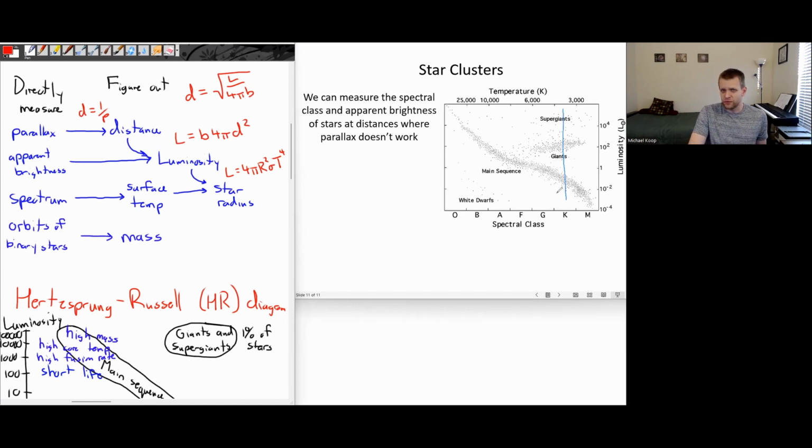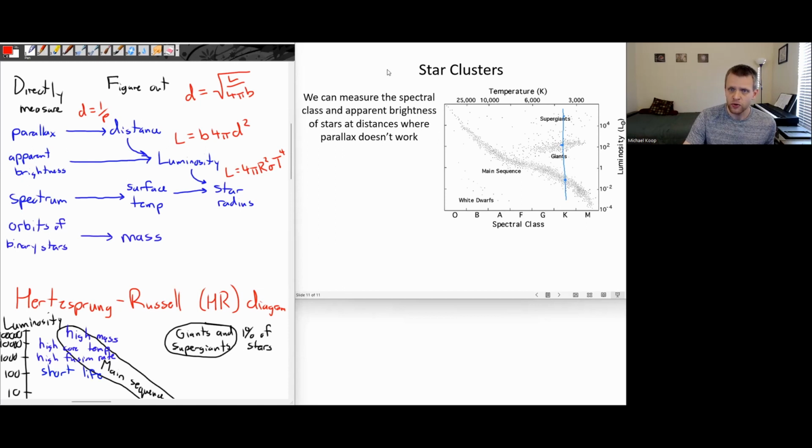But without more information, I don't know if it's a type K main sequence star, or a giant, or a supergiant, and all of those have vastly different luminosities. So if I have just one star and I measure its spectral type, I can't say for sure what its luminosity is, because I don't know if it's a main sequence star, a giant star, or a supergiant.